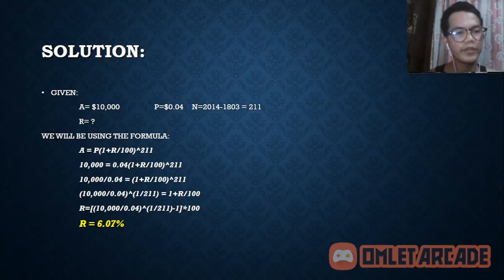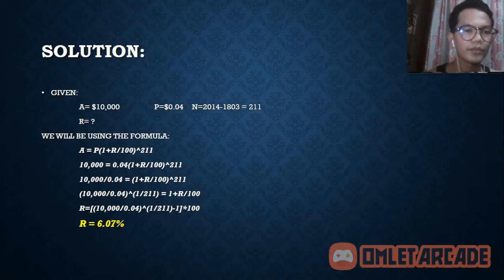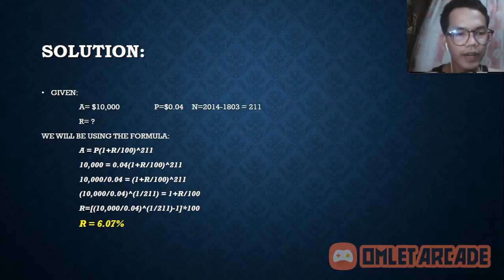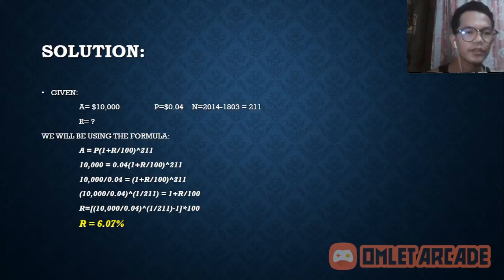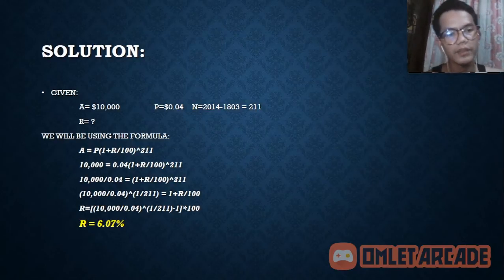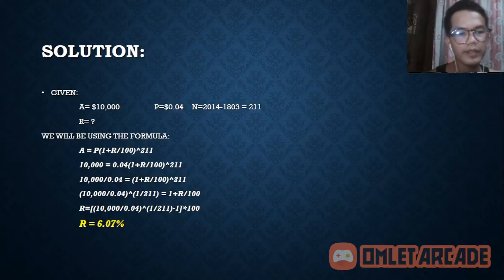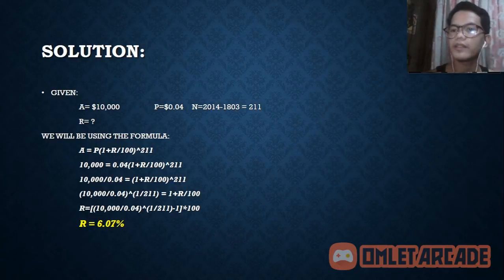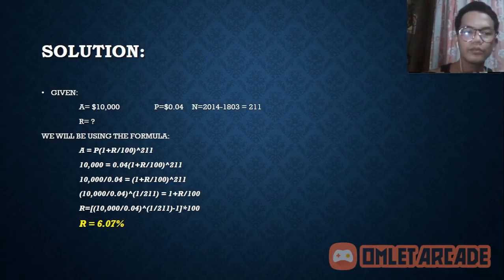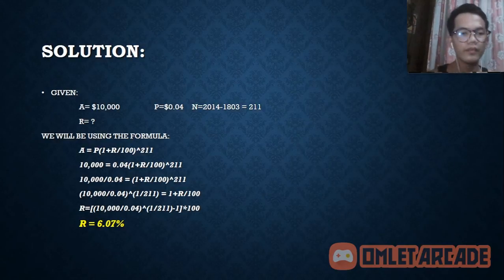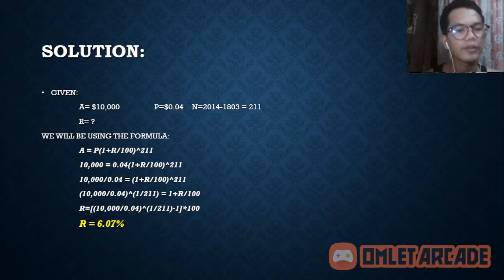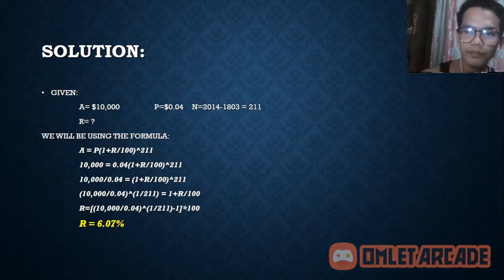Since we are finding R, we are going to use the formula A equals P times (1 plus R over 100) raised to 211, which is the years. Input the values, do some algebra, and you come up with R equal to 6.07%.